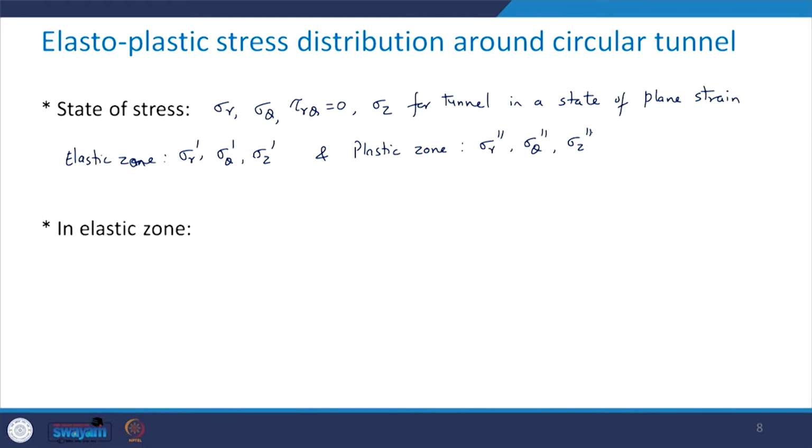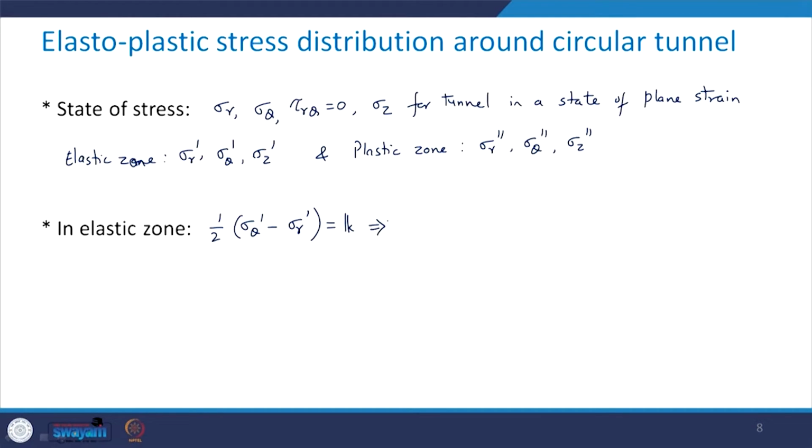Now, what will happen to the yielding condition in the elastic zone is half of sigma theta prime minus sigma r prime will be equal to kappa.